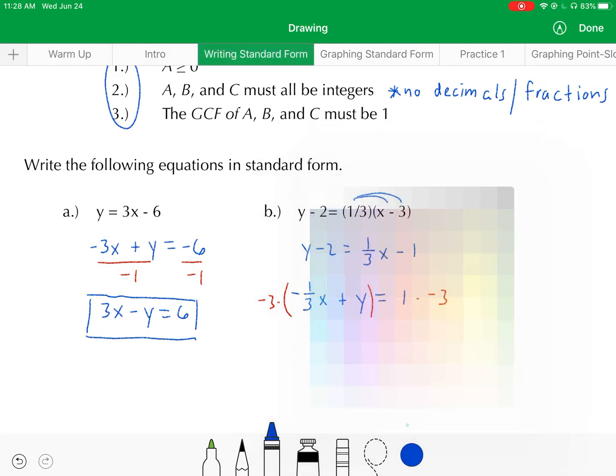That's going to make the equation become 1x minus 3y equals negative 3. So now a is 1, b is negative 3, c is negative 3 as well. Those are all integers, a is positive, and all three of those numbers have a GCF of 1. True standard form.